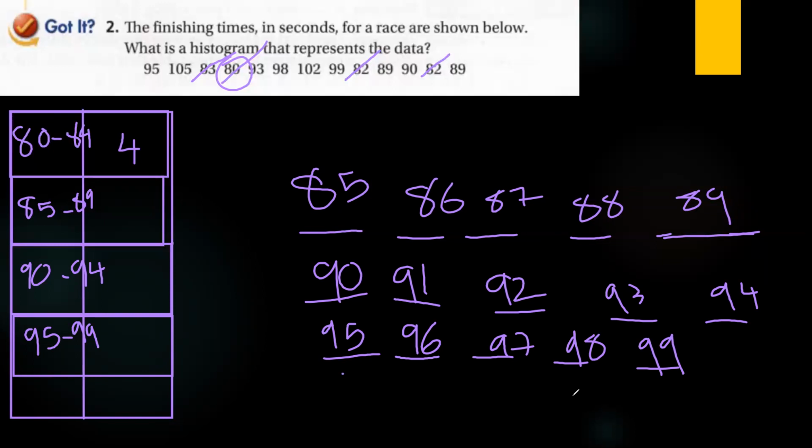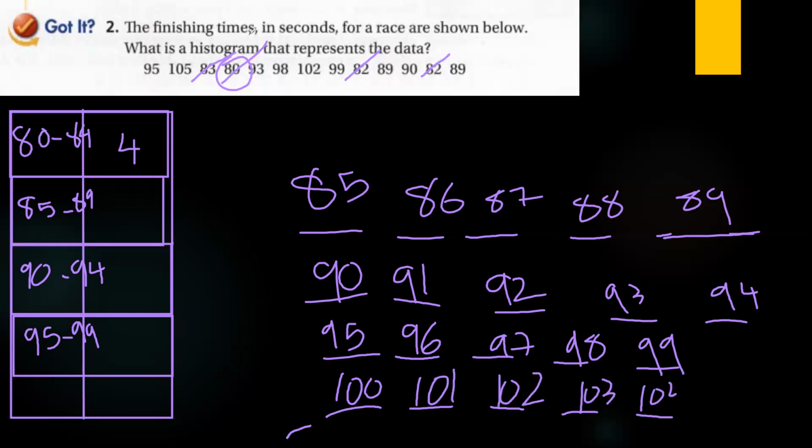Then after 99, we have 100. Let's make 5 blanks: 100, 101, 102, 103, and 104. Still 105. So let's continue.